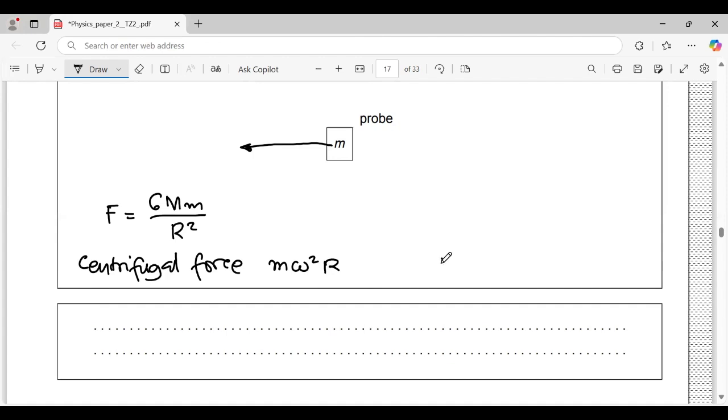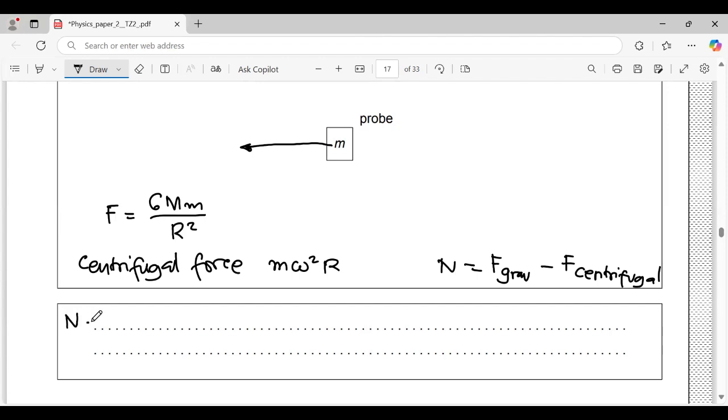I'm going to write it here. The normal force equals gravitational force minus centrifugal force. Right. So the gravitational force is this one.